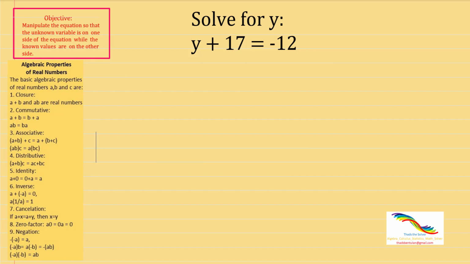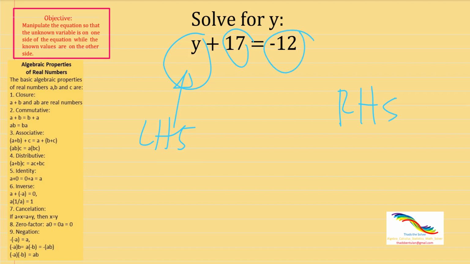Alright, so y plus 17 equals negative 12. If you carefully look at the unknown variable y, you keep it on the left hand side of the equation, and on the right hand side the known values, such as 17 and negative 12.